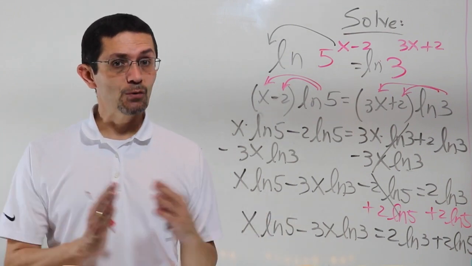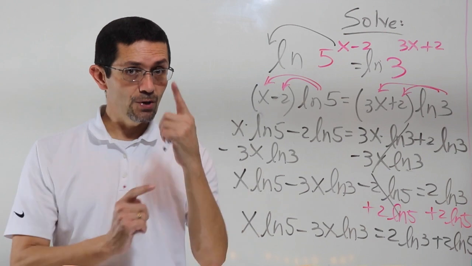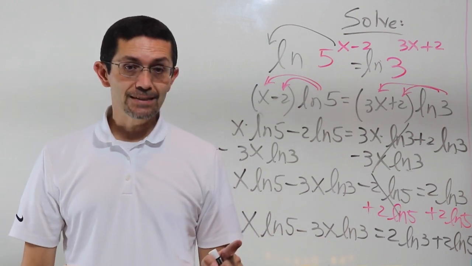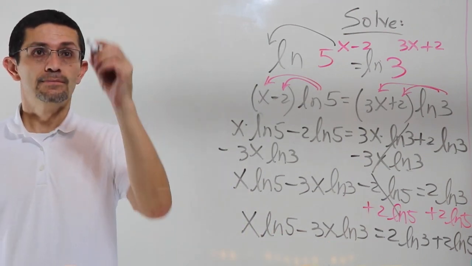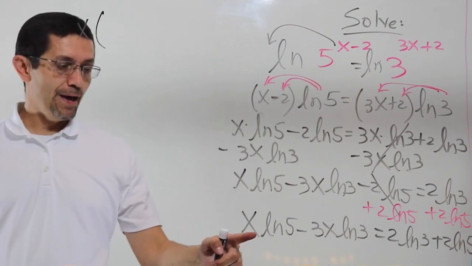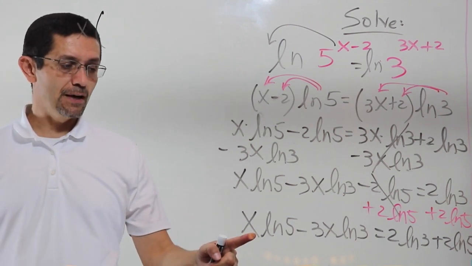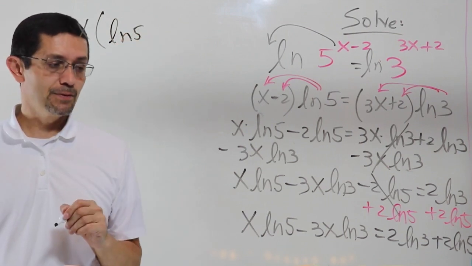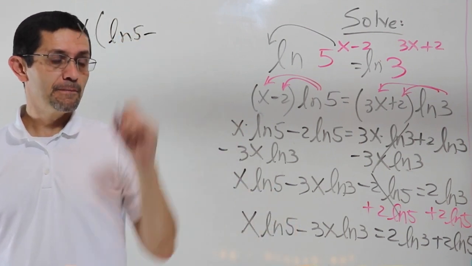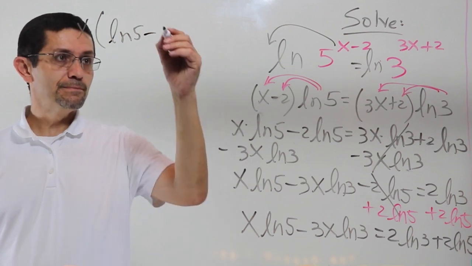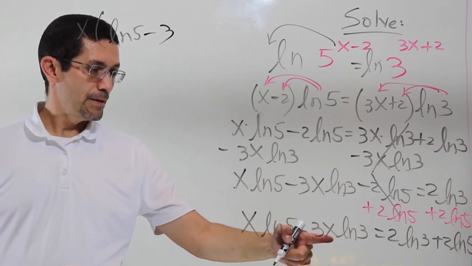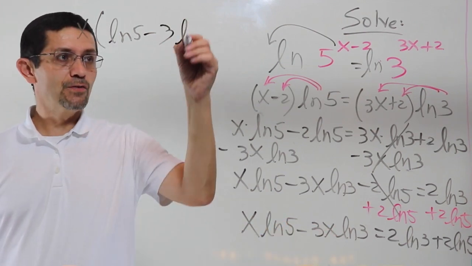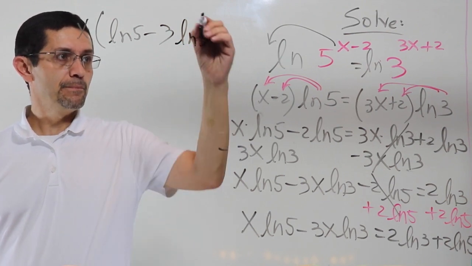I have to do a greatest common factor of x because I need only one x. So take x as a common factor. What goes inside? This divided by this gives me ln of 5 minus 3, the x's cancel, ln of 3, and close.